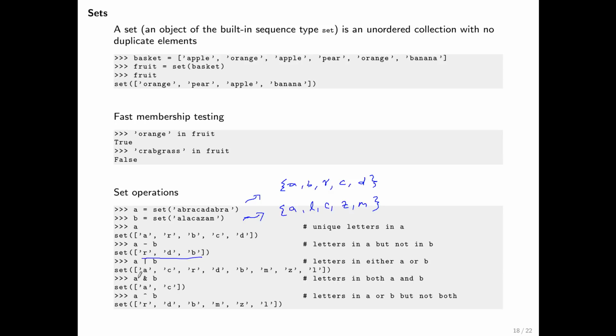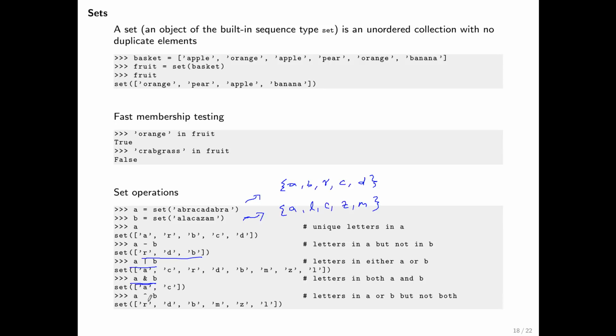Then if you do A pipe B, you get a new set where the letters are in either A or B. So we simply get a new set that contains letters that are here or here. That's what you see. And then if you do A ampersand B, it gives us a set that contains letters that are both in A and B. So for this particular example, the letters that are common to these sets are just A and C. That's what you see.